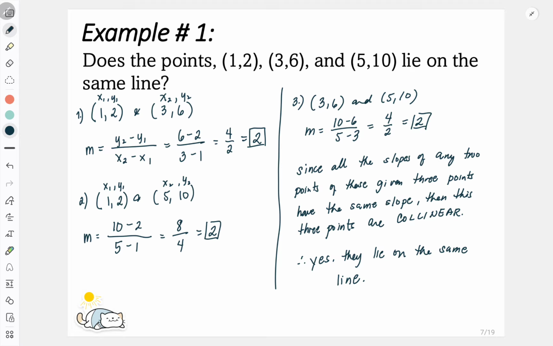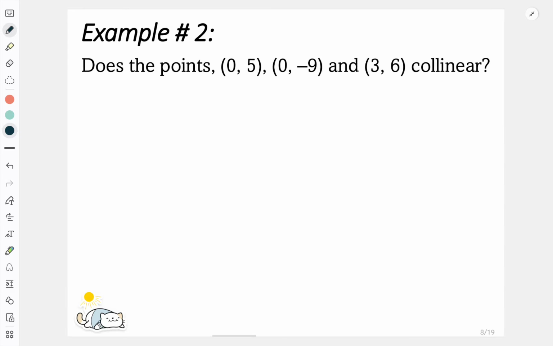Okay, now let us have some examples. How about this one? Are the points (0, 5), (0, negative 9), and (3, 6) collinear? So let's check. Let's have the first one, which is (0, 5) and (0, negative 9).